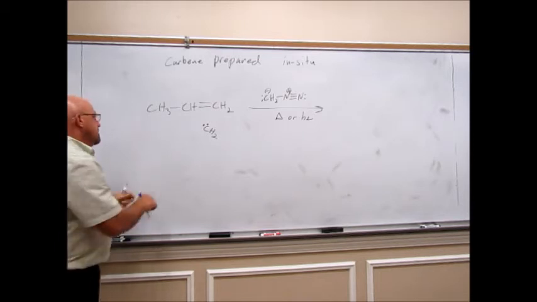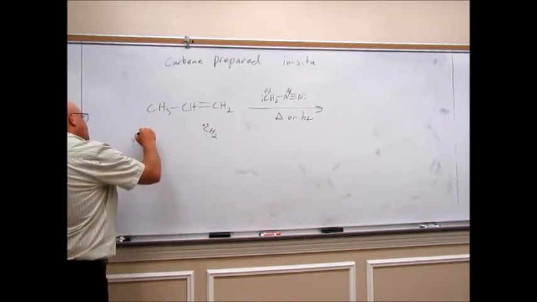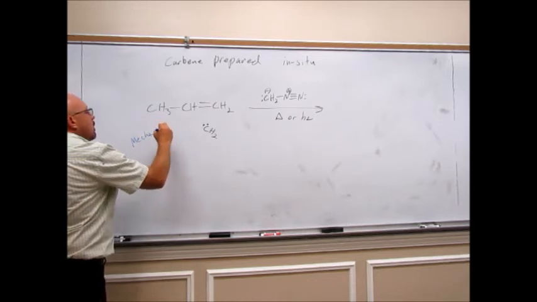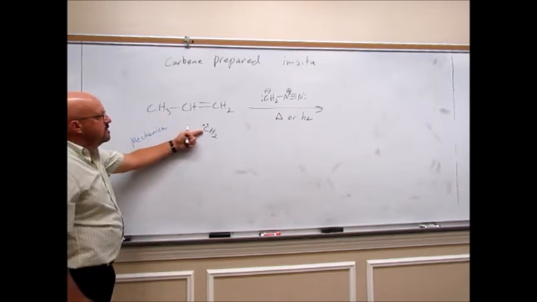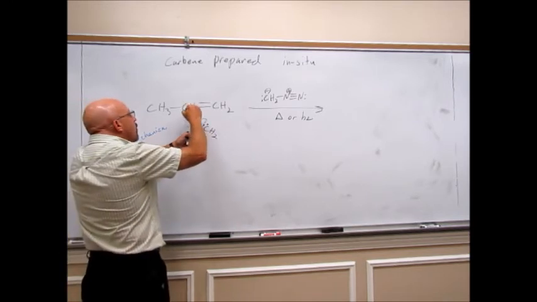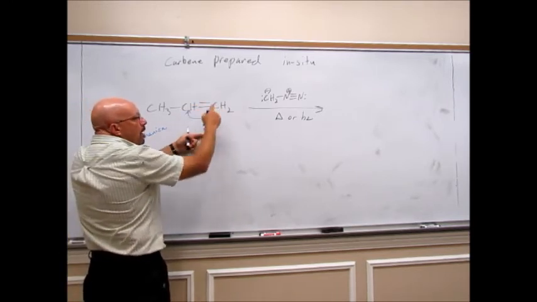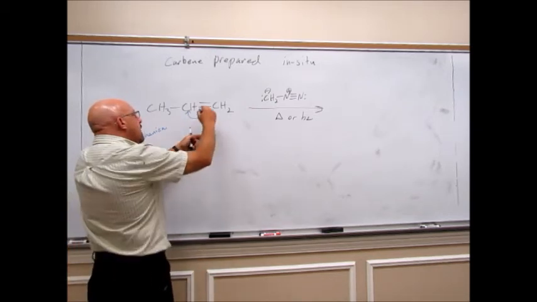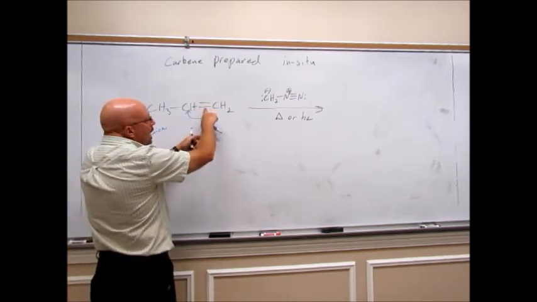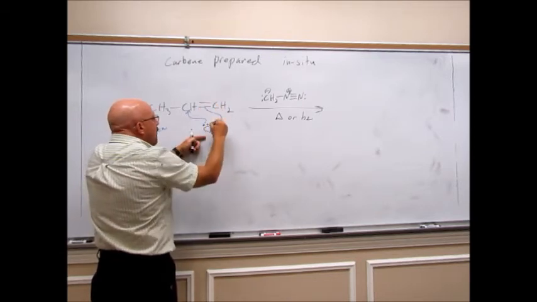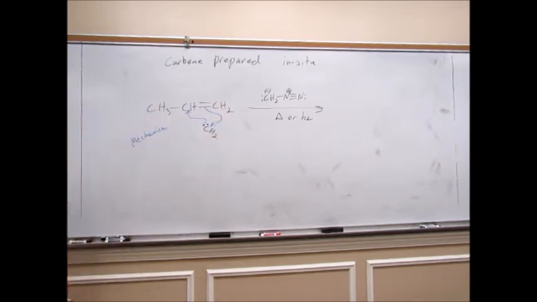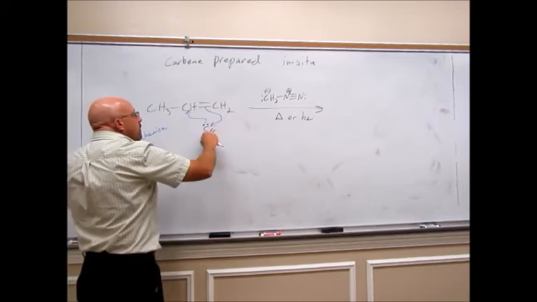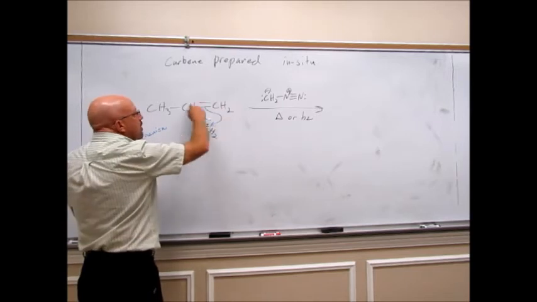And this is the mechanism on how it reacts. You're going to get that pair of electrons that's on the carbon. They're going to go to one of the two carbons of the double bond. It does not matter which one you go to. Then, to keep from breaking the octet rule, we take a pair out of the double bond, and those are going to go back to our original, what used to be the carbene. So we're just moving electrons around a little cyclic array.